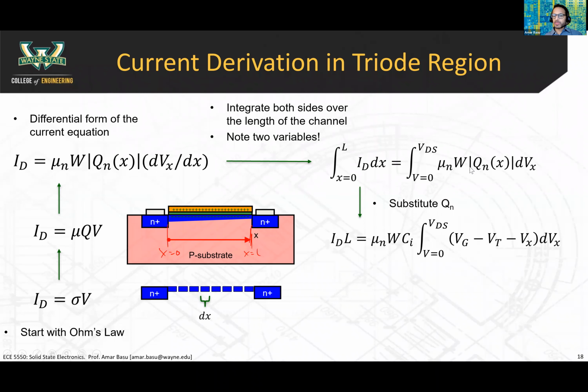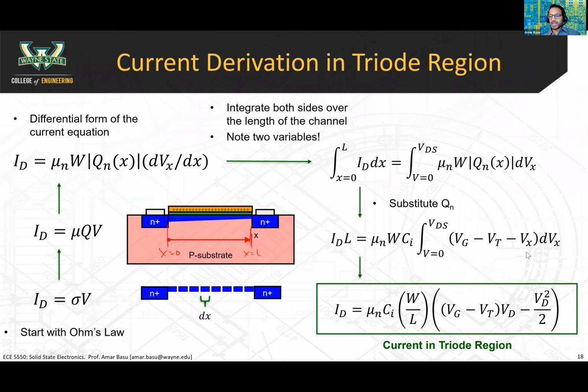We can substitute a value for Qn. Remember, Qn is equal to Ci times (Vg minus Vt minus Vx). So that's where these new terms came from here. And then when we finish the integration, the voltage is varying as a function of position. This is a constant here. This is a constant here. This is the only variable that changes as a function of x. So this is really the only variable that we're integrating.